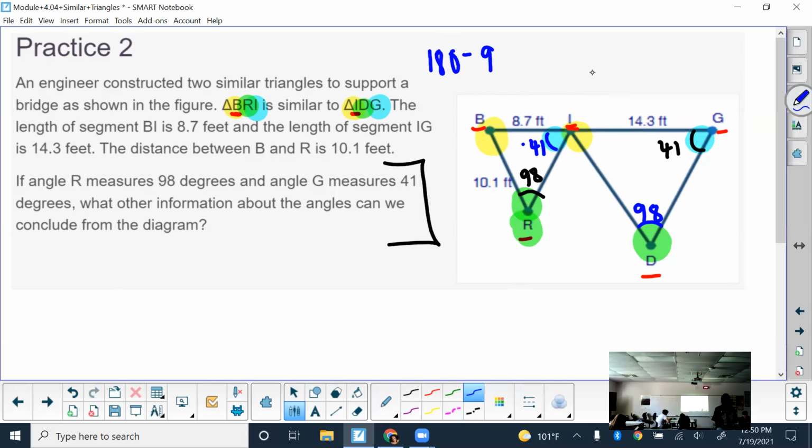I forget what theorem it's called, but it's the one that says triangles add up to 180 degrees. So 180 minus the 2 known angles, minus 98 minus 41. What will angle B measure? 41.